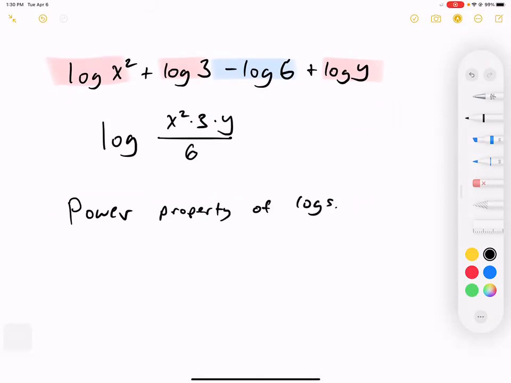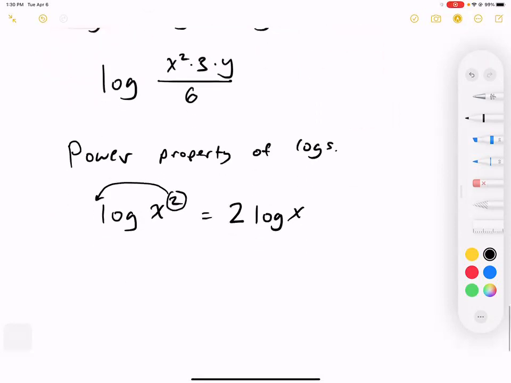If I take the log of an exponent, see how there's an exponent here? This exponent gets moved to the front. I call it brings down the gods. It takes a 2, it comes down, and we're left with log of x. Okay, and this is a basic rule. It's not intuitive, but it really is supposed to be.